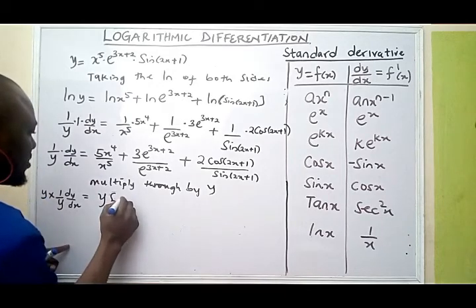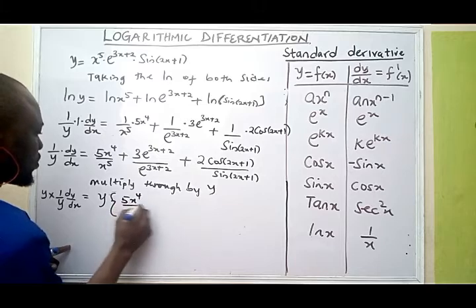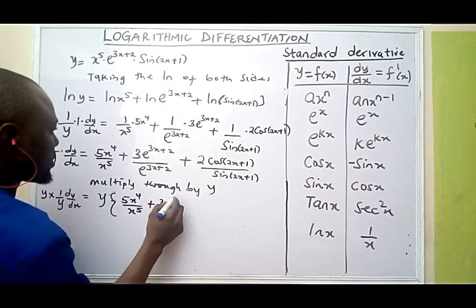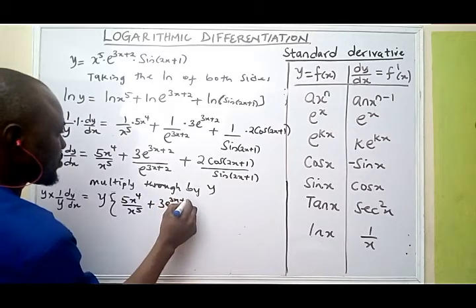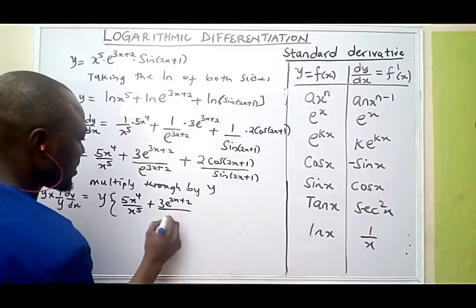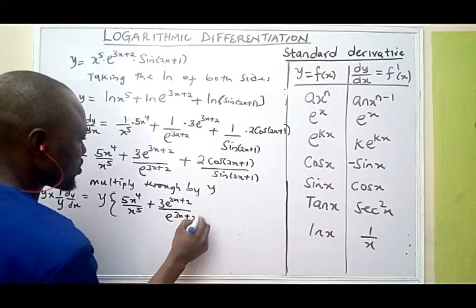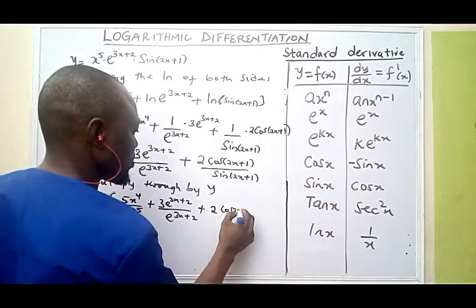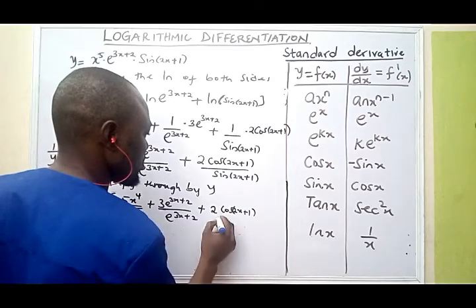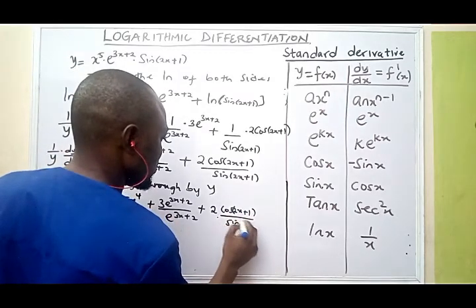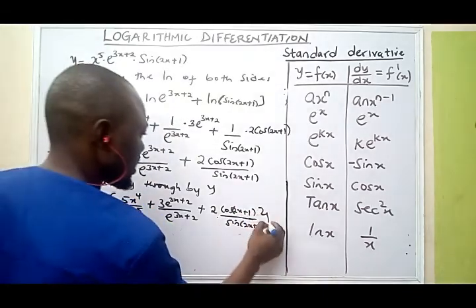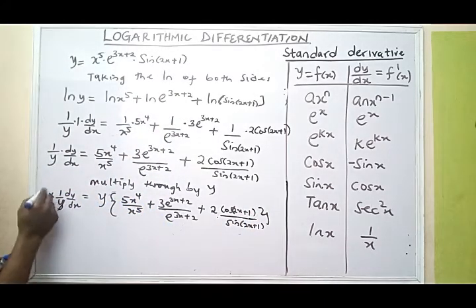Here I have 5x^4 over x^5 plus 3 e^(3x+2) over e^(3x+2) plus 2 cos of 2x plus 1 over sine of 2x plus 1. Now close the bracket. Now this cancels this.